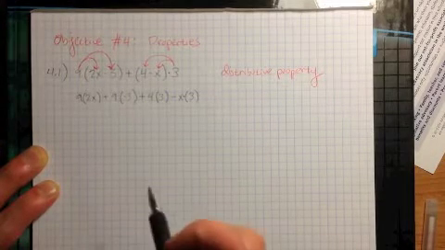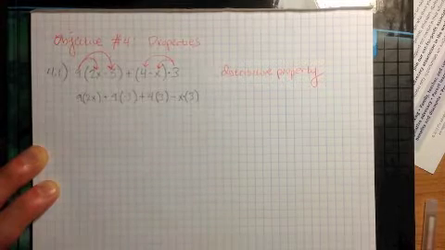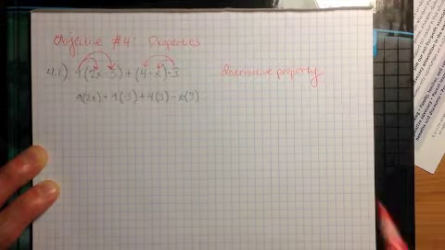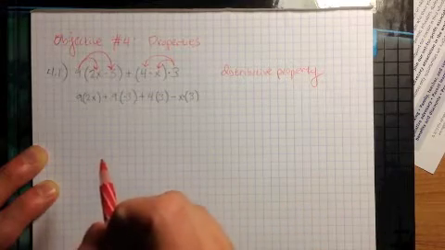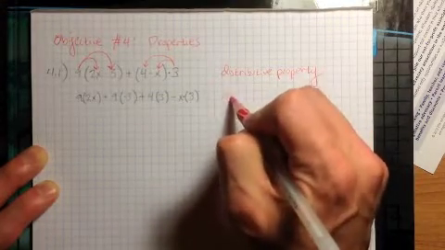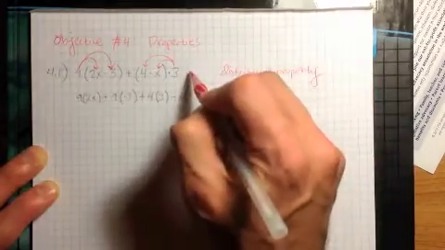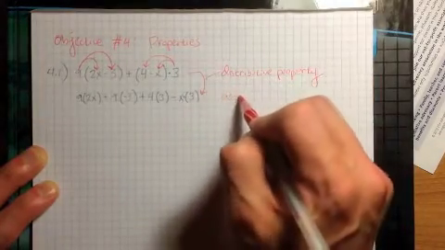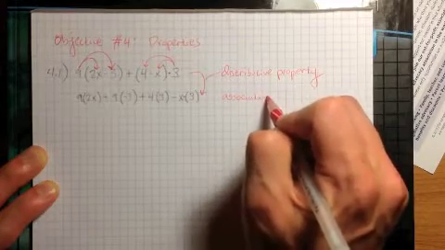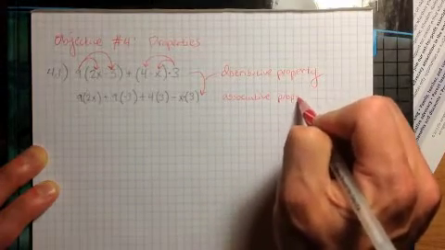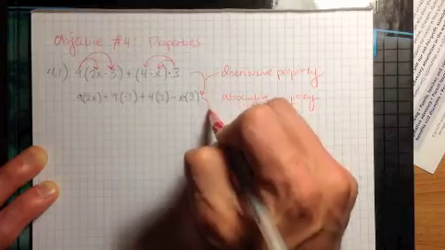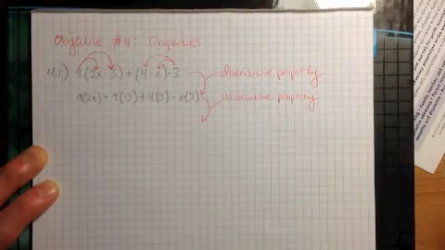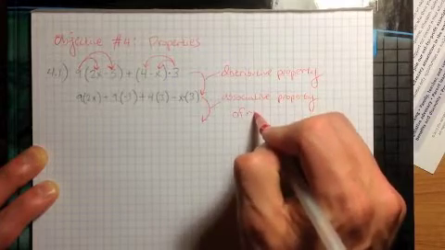So now that we've applied the distributive property, we can apply the associative property. From here to here was the distributive property. The associative property will allow us to go to the next step. Associative property of multiplication.